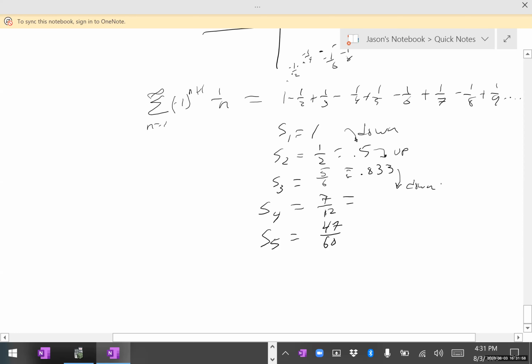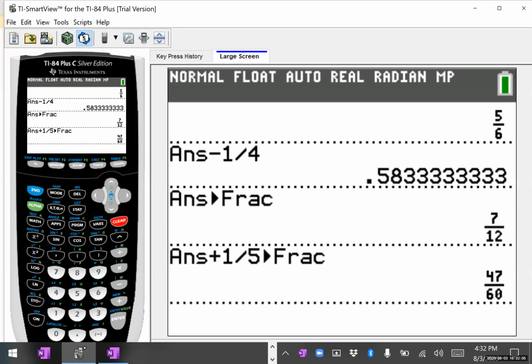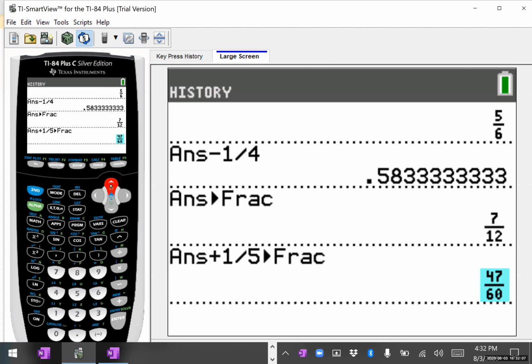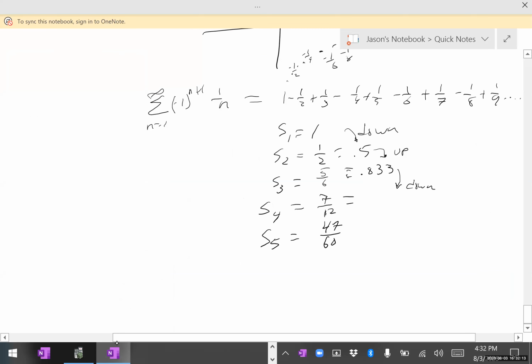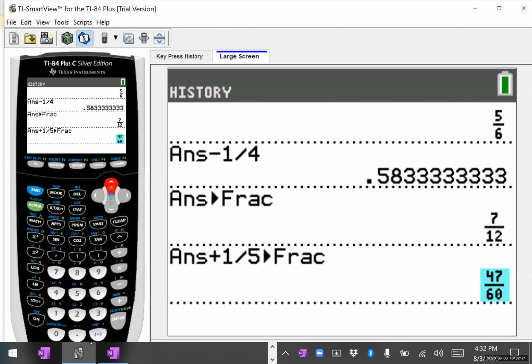So 7/12, what was 7/12? Maybe I should just do the decimal. Oh, it was 0.5833, right? And then what's it going to do? It's going to go up a little bit, to 47/60.